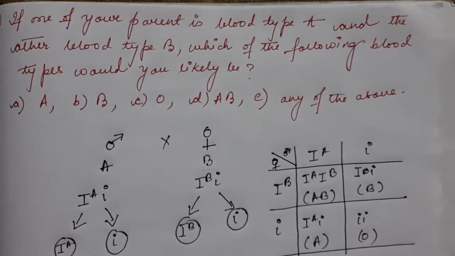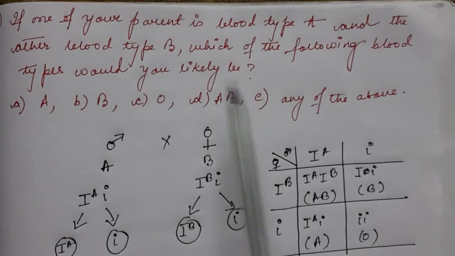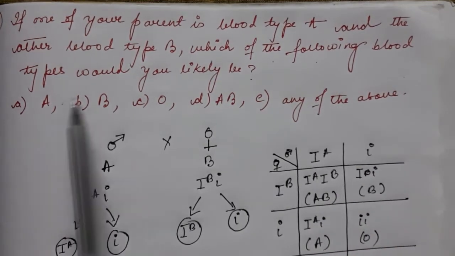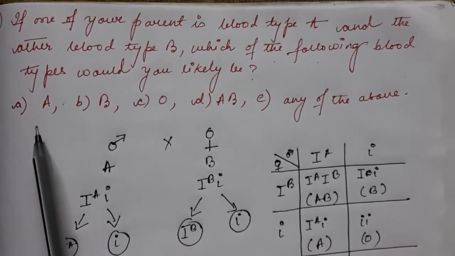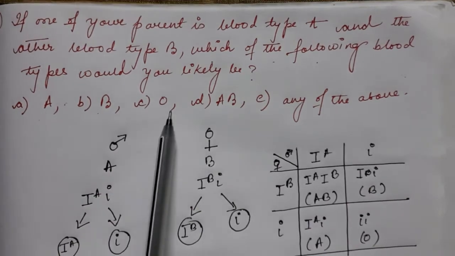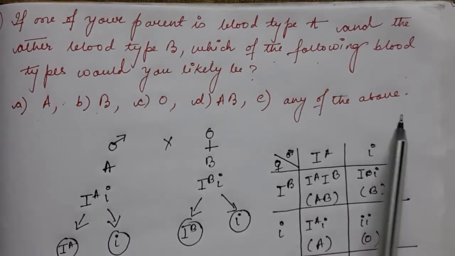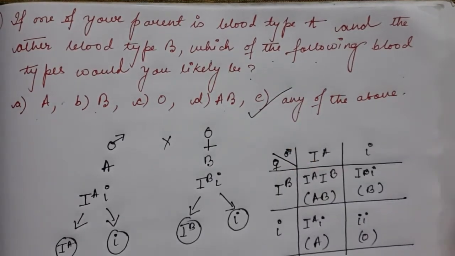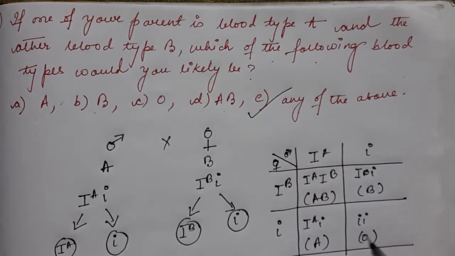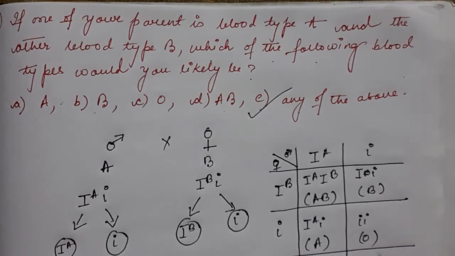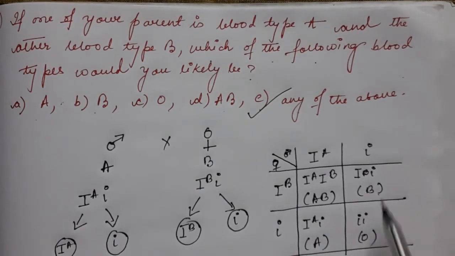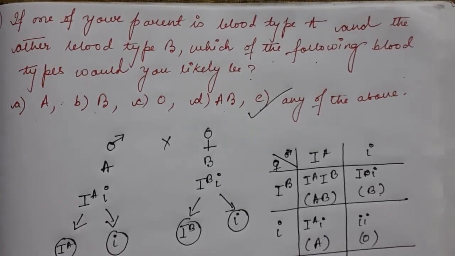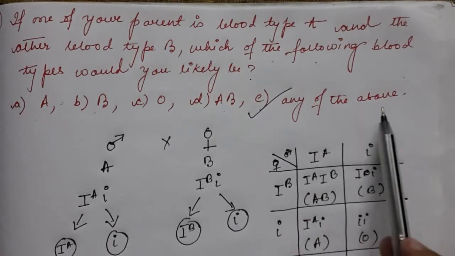So here we have 5 options, that is, which of the following blood types would you likely be? So we have A, B, O, AB and any of the above. So the answer would be any of the above, because from the Punnett square it is evident that the offspring can have any of the above blood groups, that is AB, B, A and O. So our answer would be any of the above.